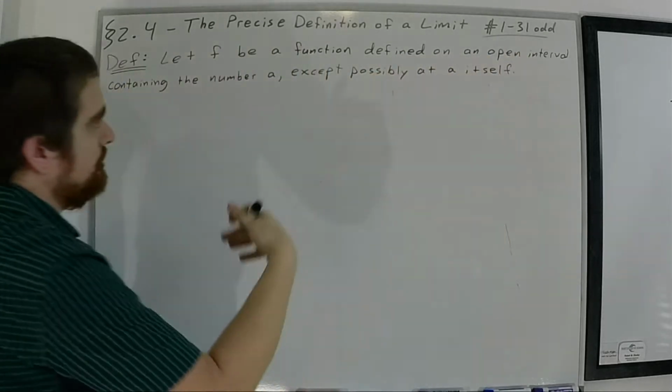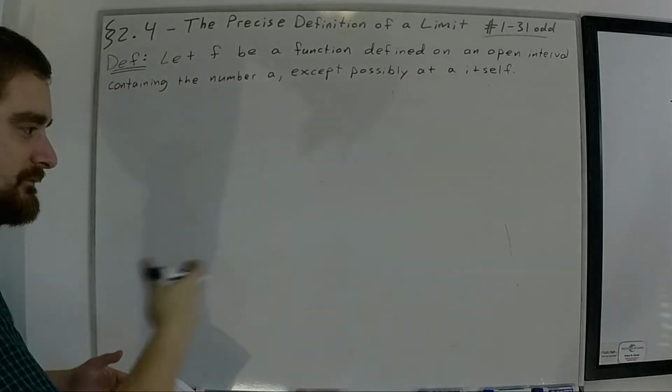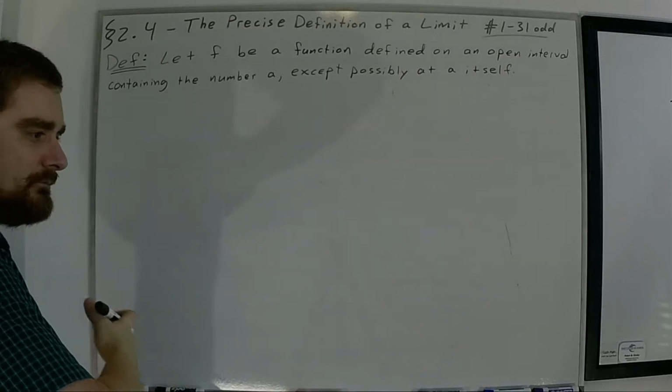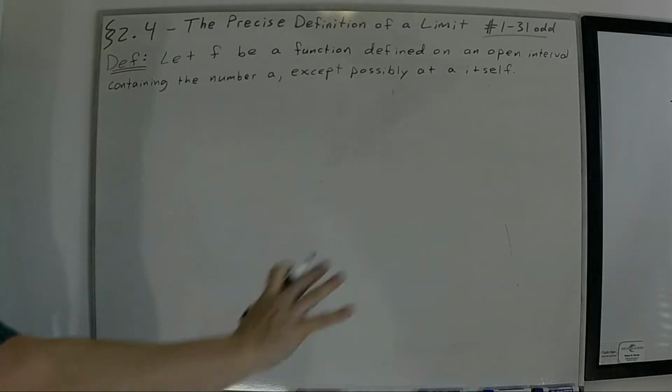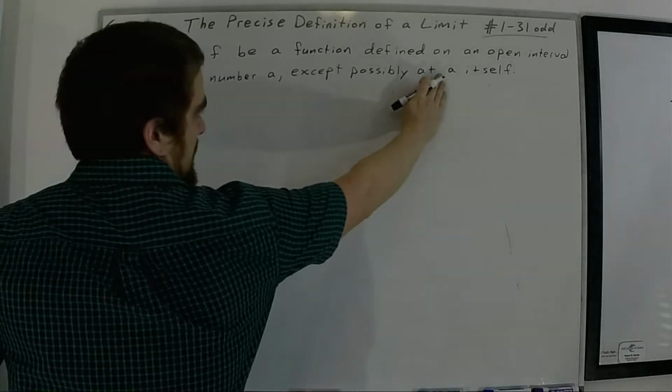What that means is f is a function. It's defined on some interval and has a starting point and a stopping point as far as the interval is concerned. It's defined in there, but it might not be defined at a itself.